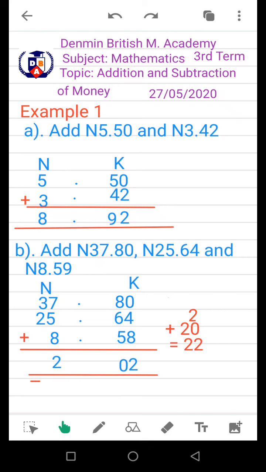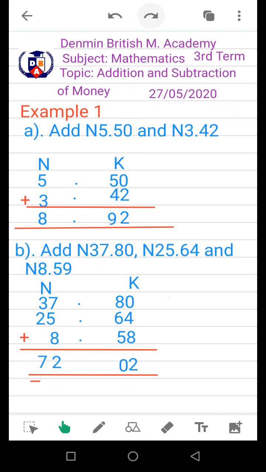Then 3 plus 2 is 5, plus the 2 we carried is going to be 7. So this is our answer.